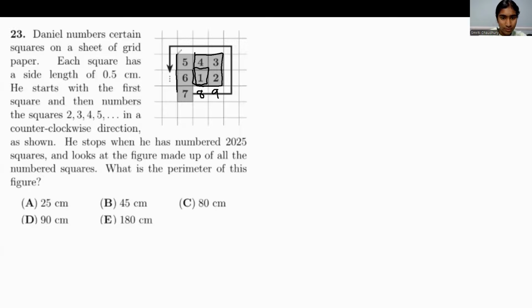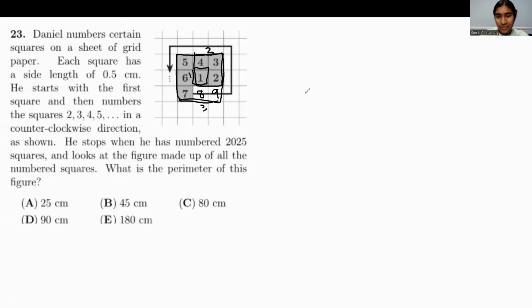This 9 would be a square, and we can only assume the pattern would continue. Another thing to notice is that the side length is the square root of that perfect square. So the square root of 9 is 3, so the side length is 3. The square root of 4 is 2, and the side length is 2. The square root of 1 is 1, and the side length is 1.